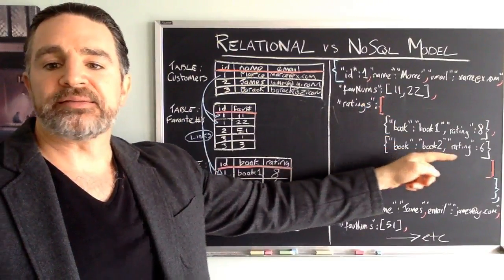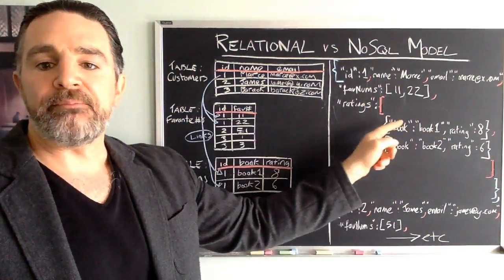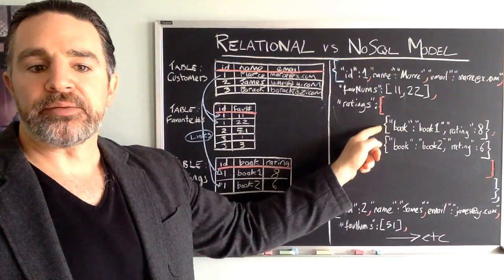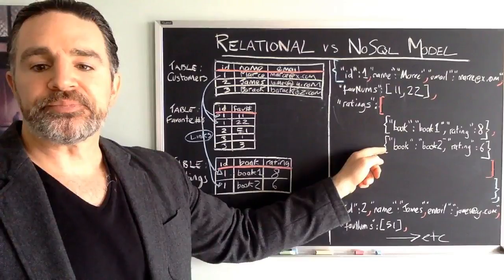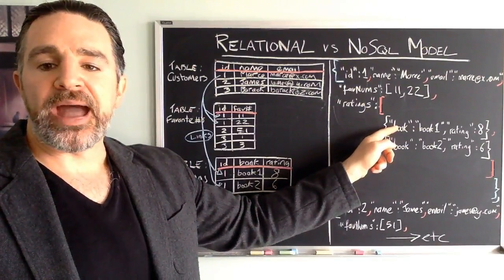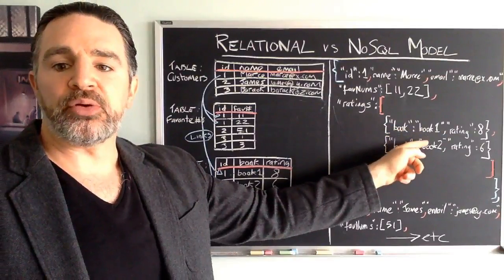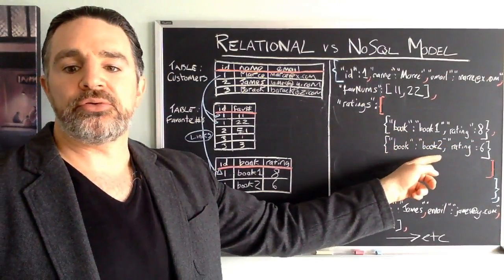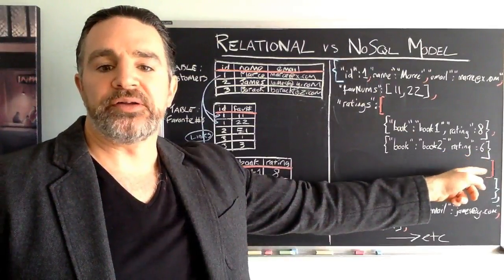Now within this array I have actually embedded 2 sub-objects here, 2 sub-objects. Now, within these sub-objects, I have the book is book 1 and rating of 8, book 2 and rating of 6.